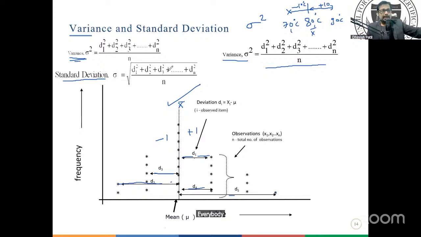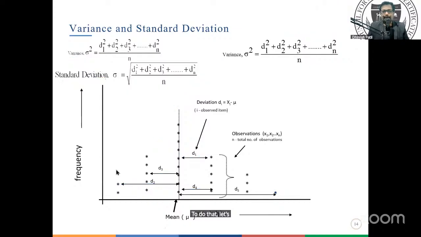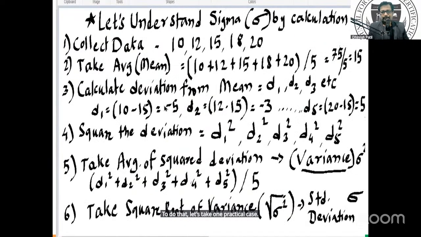Everybody with me? Now, what is the meaning of this standard deviation? Let's try to understand the meaning of this formula, and to do that, let's take one practical case. Please bear with my handwriting. Let's take these 5 data points: 10, 12, 15, 18 and 20.